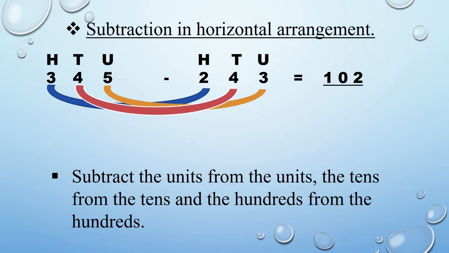Now the tens here, 4 tens minus 4 tens is 0 tens. Now the hundreds here, 3 hundreds minus 2 hundreds is 1 hundred. So the answer is 102, means 1 hundred, 0 tens and 2 units. So the total is here 102.